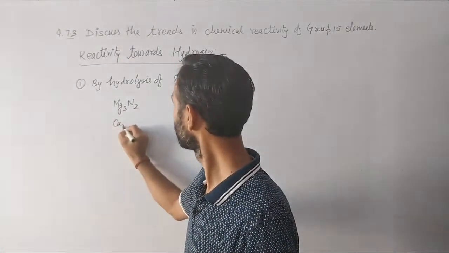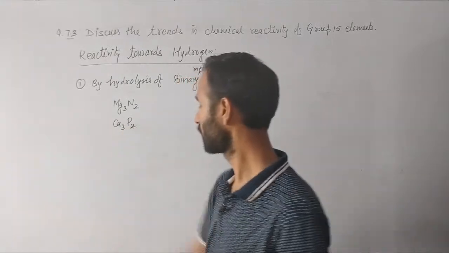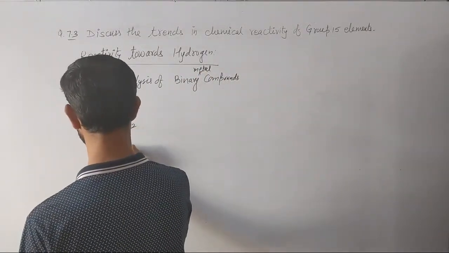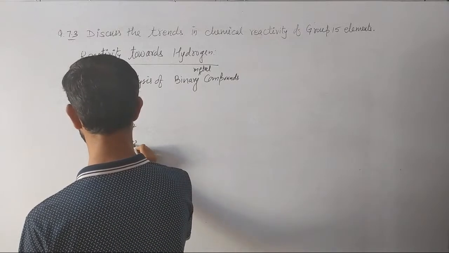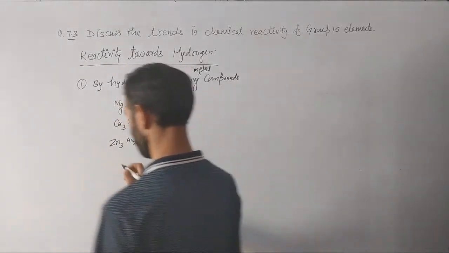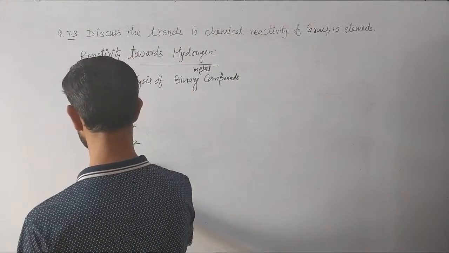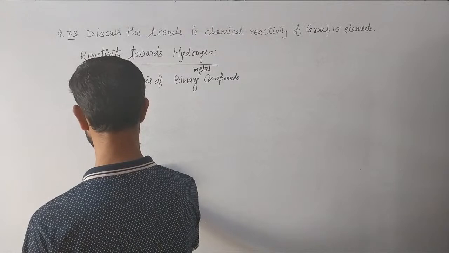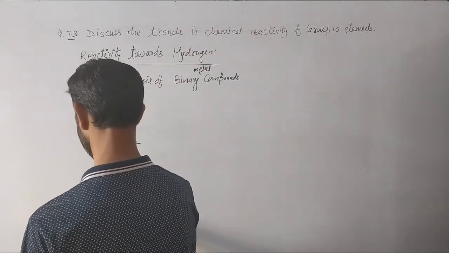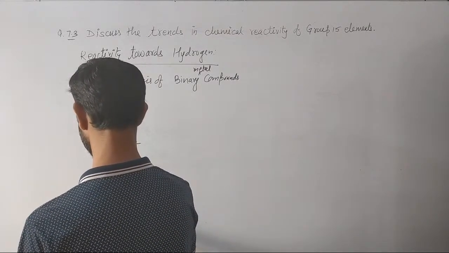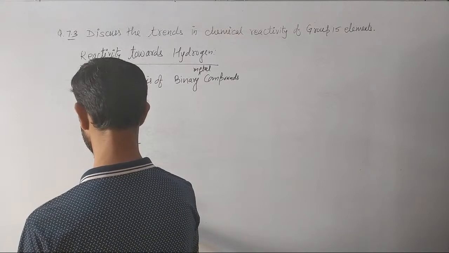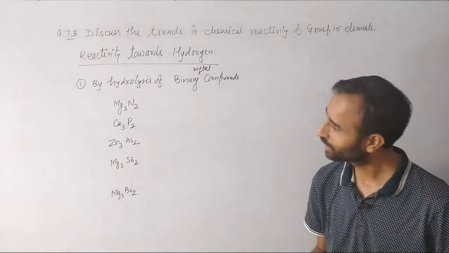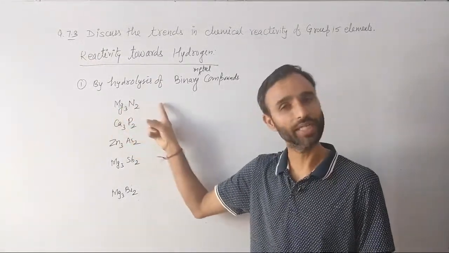Calcium phosphide, zinc arsenide, magnesium stibide or magnesium bismuthide. See, this is magnesium nitride.